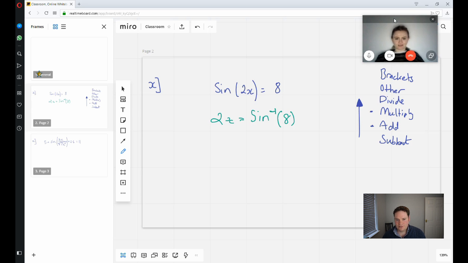So then dividing both sides by 2, so that x equals 9. There we go. Perfect.